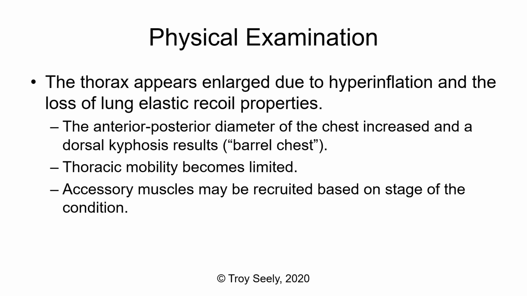Their thoracic mobility becomes limited. They have difficulty bending, twisting, or moving in the chest and mid-back region, as well as the accessory muscles may be recruited based on the stage of the condition. Remember the accessory muscles we discussed way back in spinal cord injury on how you can have the diaphragm, but you have other muscles like your traps, like your SCMs, your sternocleidomastoids, scalenes, that will be involved in bringing in more air, more oxygen.